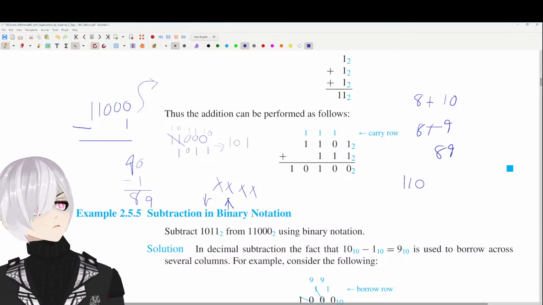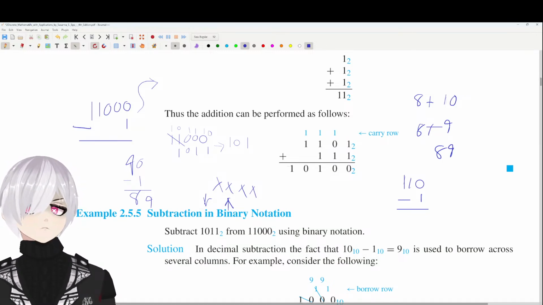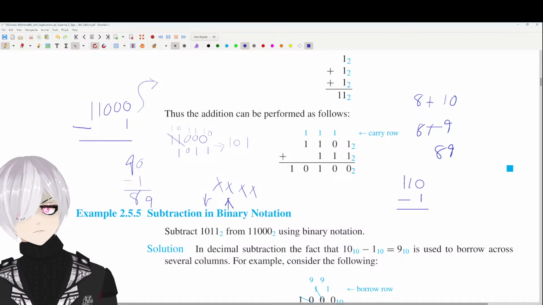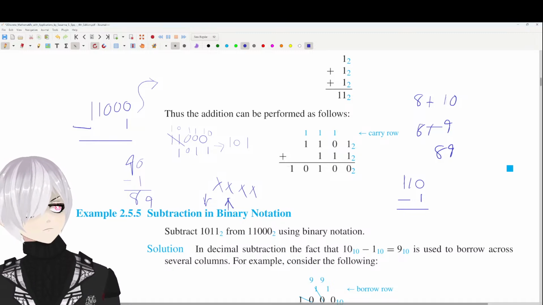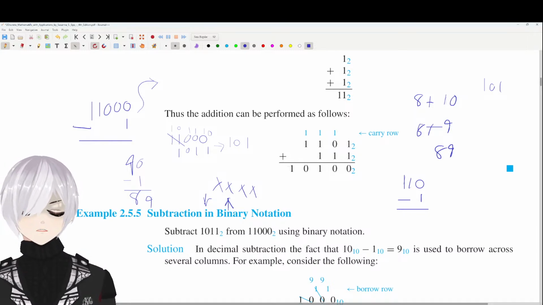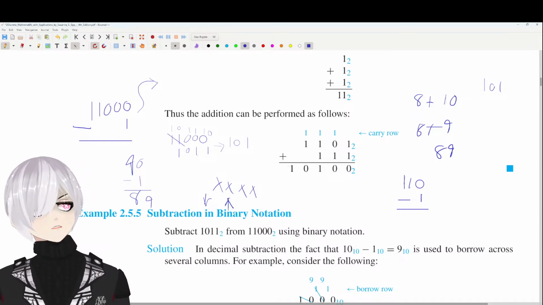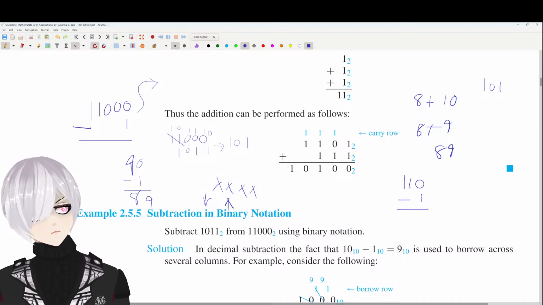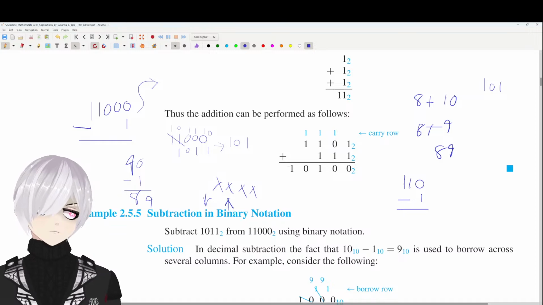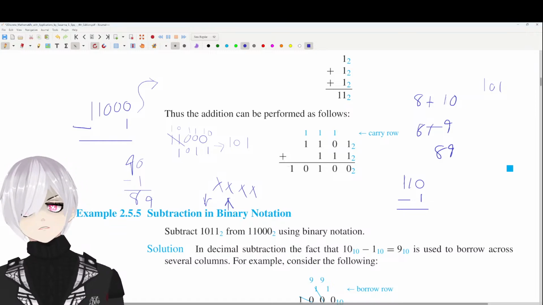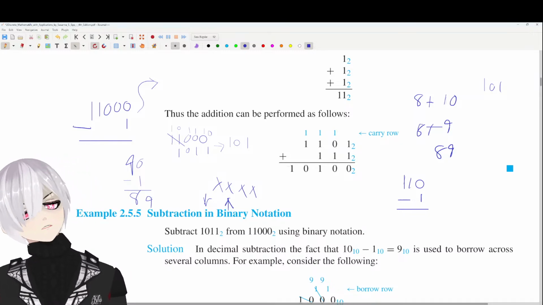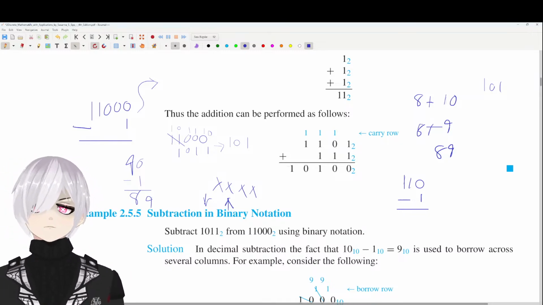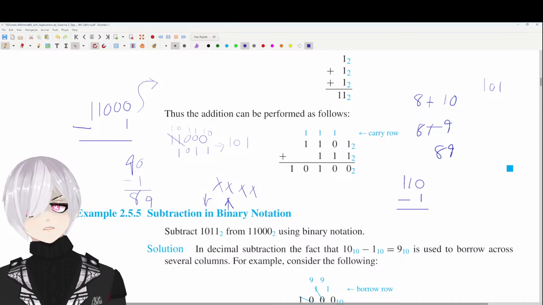Yeah, actually this is a good example to illustrate, because what you're doing when you borrow the one is kind of just writing the number in a different way. From the 0 you borrow a one, and you rewrite the number so that subtraction can continue.